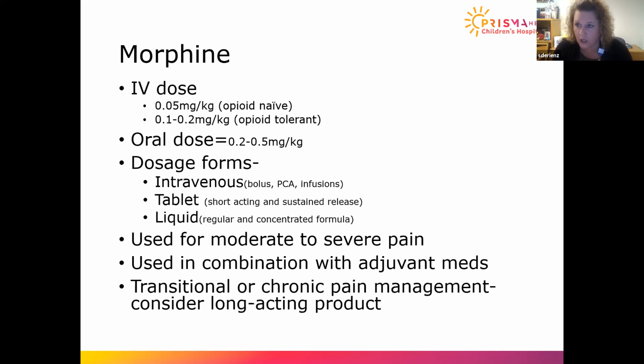If they can't swallow the pill, then it's not a good option for that patient, because you do not want to chew a long acting tablet. Does not come out with a good outcome. So, we have to really consider that option only for those patients who are able to swallow pills. So just another little tidbit to keep in mind when you're considering that for a transitional medication.